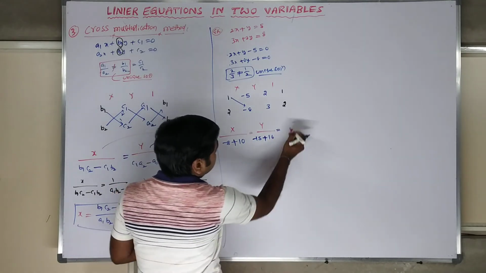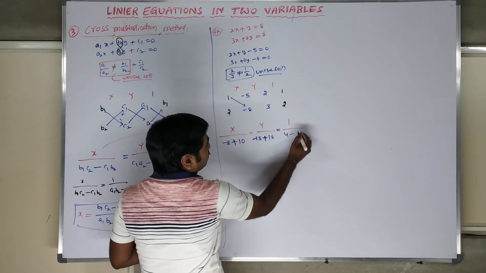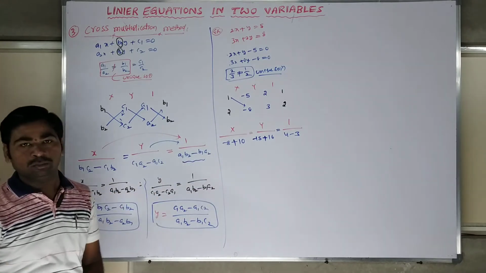Then is equal to the constant: 1 by 2 times 2 is 4, 3 times 1 is 3. According to this, I should multiply it.